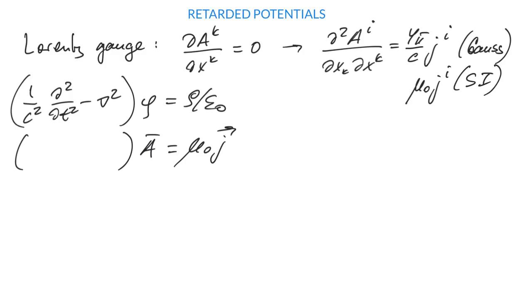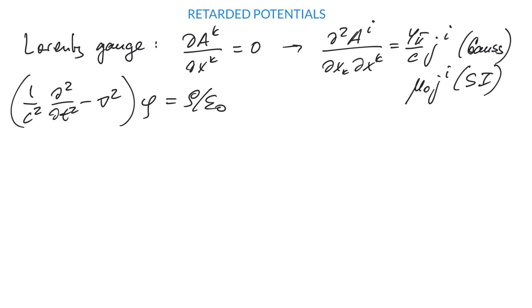So these four equations, one for phi and three for Cartesian components of A, are all identical with different sources. The source for phi is rho, the source for A sub x is j sub x, and so forth. So the solution should have the same form, and we can just pick one of them and deal with it. So we'll pick the one for the scalar potential.